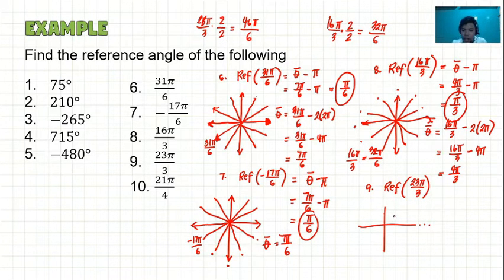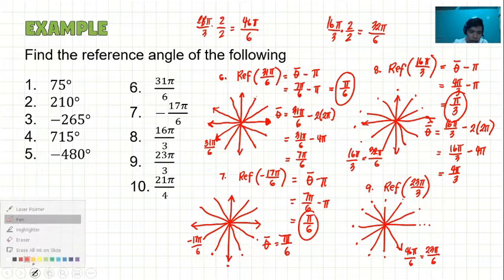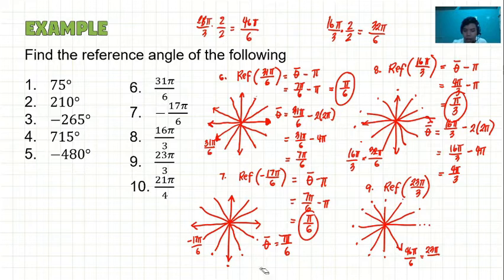Then we add 1, 37, then 38, 39, 40, 41, 42, 43, 44, 45, 46. So this is now 46 pi over 6, or just 23 pi over 3. Okay, so this is 23 pi over 3.